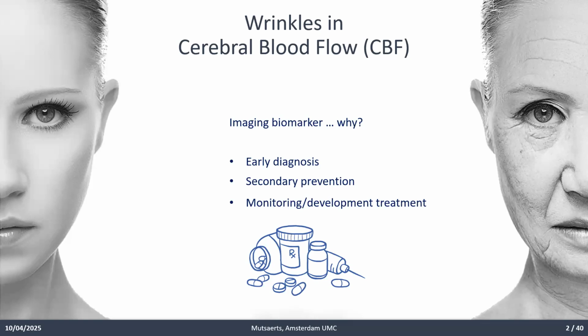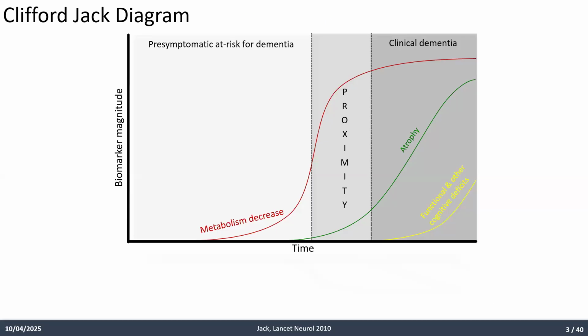There's no tracer accumulating in the brain, and the tracer actually decays very fast, which I'll show you in a moment. Does everyone know this graph? The Clifford Jack diagram is a famous graph for dementia, but also other diseases. So the idea is that in the end, you can easily see in your patient that he has a disease.